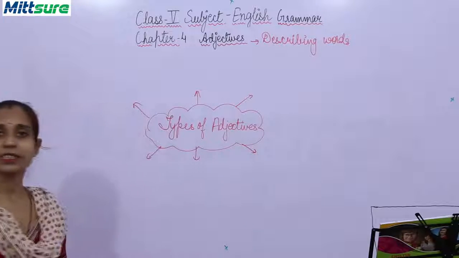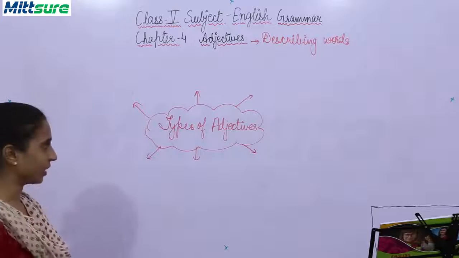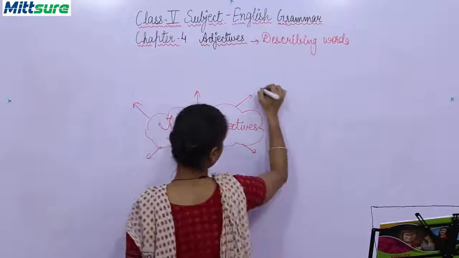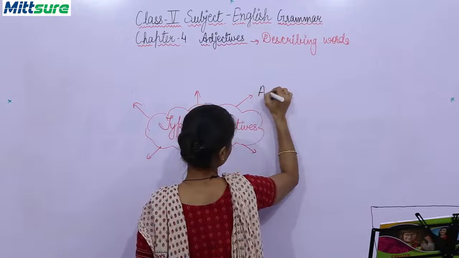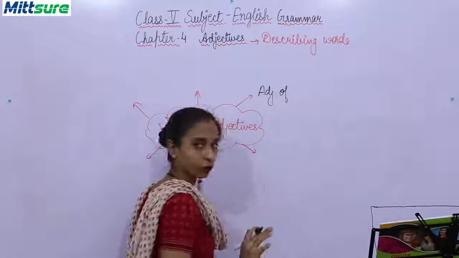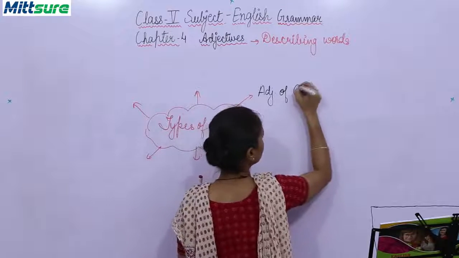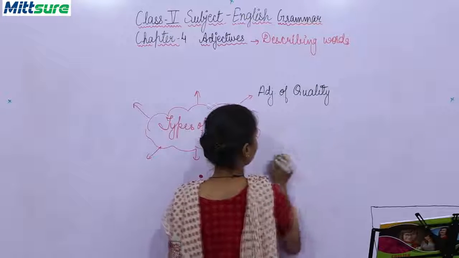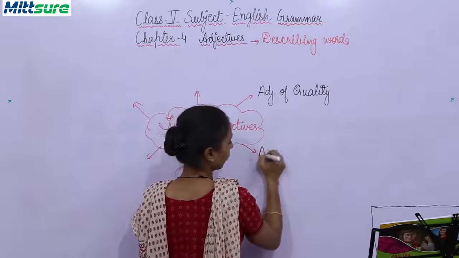Now there are 6 kinds of adjectives. The first one is adjective of quality. Then adjective of quantity.